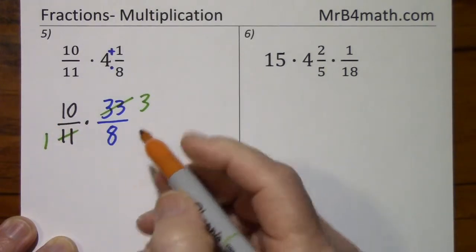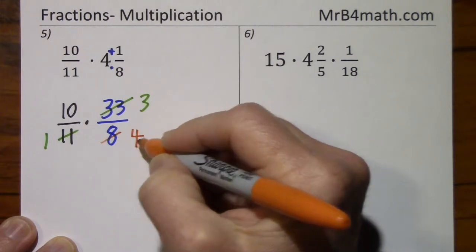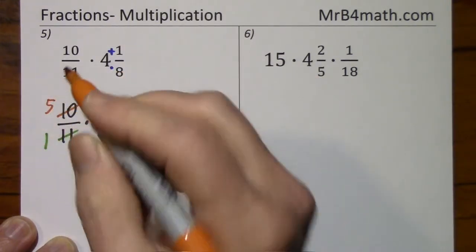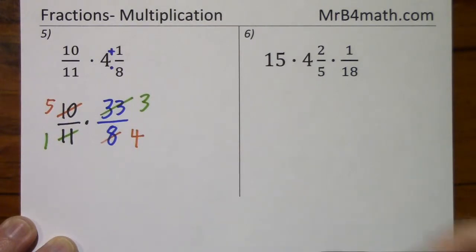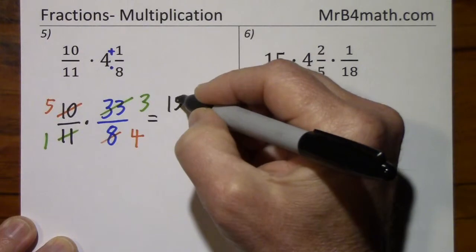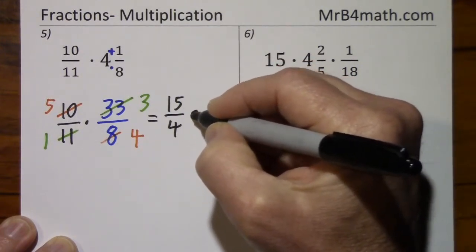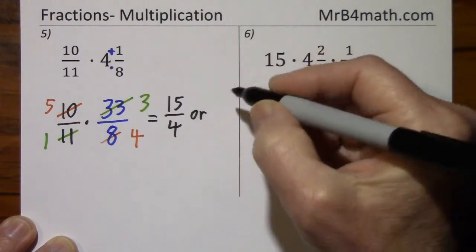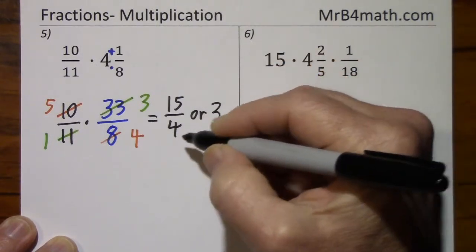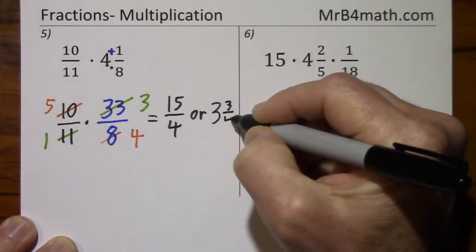We have a common factor of 2. 2 goes into 8 4 times. 2 goes into 10 5 times. This leaves us with 15/4, which is simplified, or you can write this as 3, that's 12 with 3 left over, and you keep your denominator.